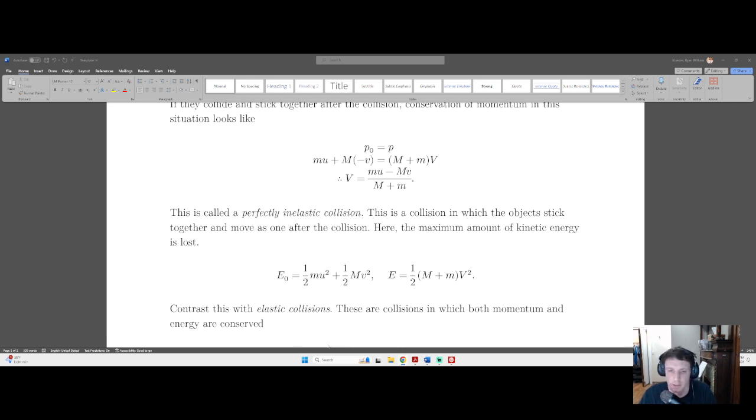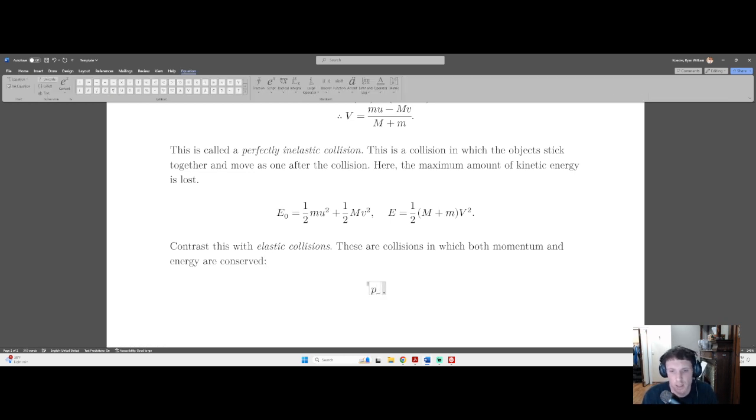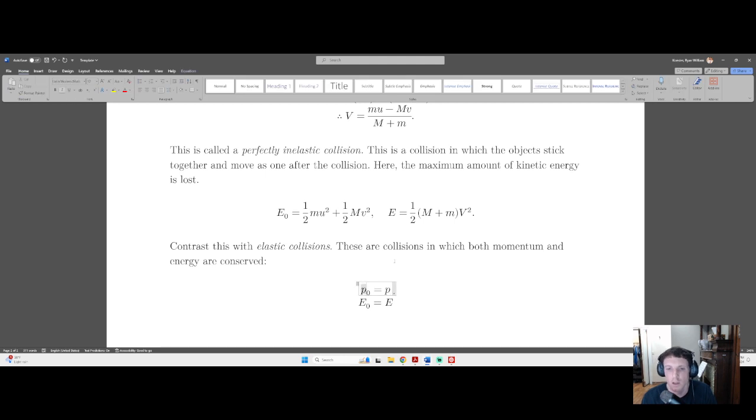So for an elastic collision, the initial momentum equals the final momentum, and the initial energy equals the final energy. I'll make this a vector for momentum. Remember, energy is not a vector, but momentum is. So this is what we might have for an elastic collision.